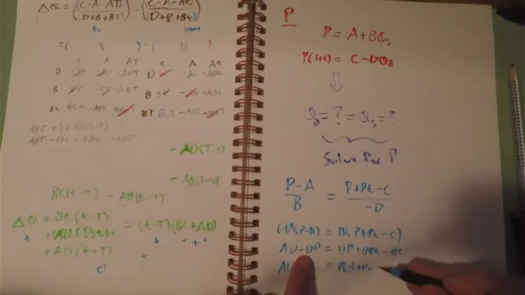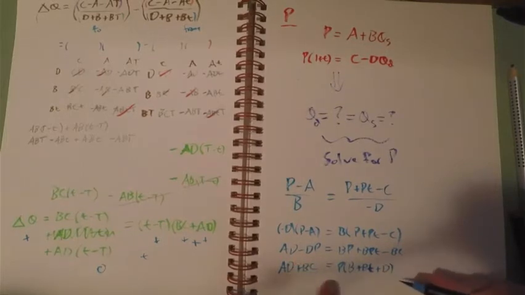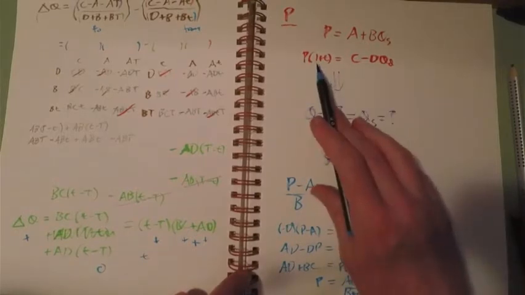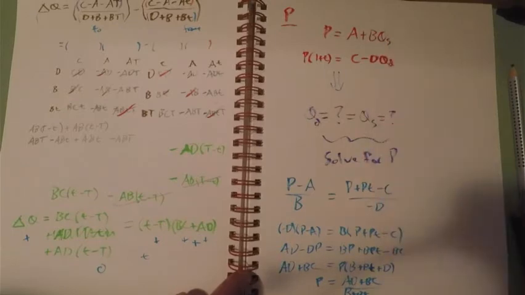We add DP, so we're adding D times P. So P equals (AD plus BC) all over (B plus BT plus D).